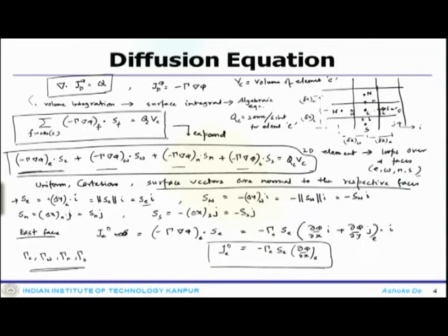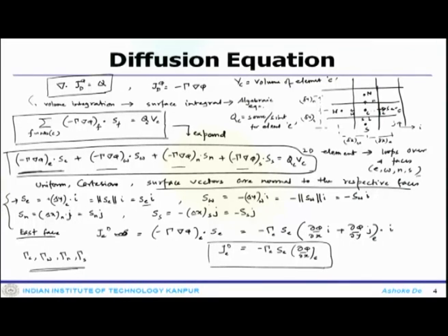Once we expand that, we get an equation like this. It goes over all the faces surrounding that element C. That means element C has 4 faces, east, west, north, south, and we expand that discretized equation in this fashion. Then we found all our surface normal vectors.